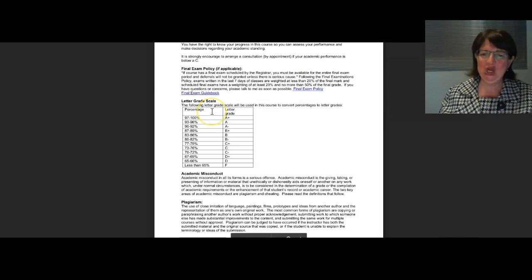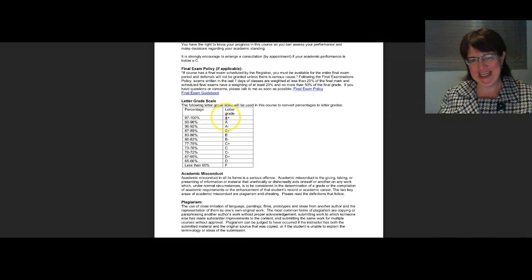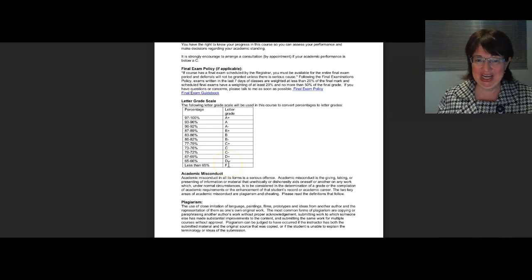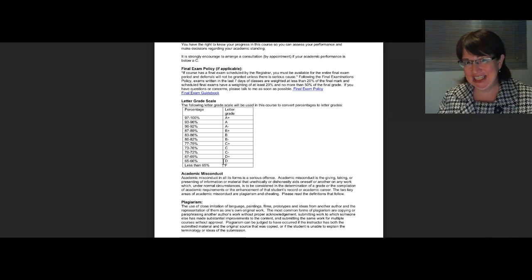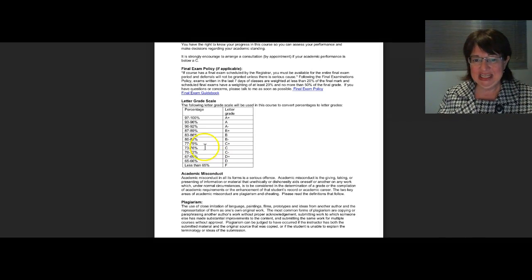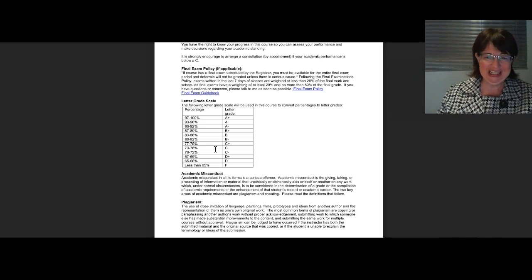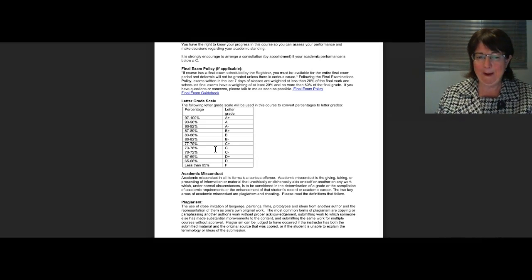Now, the grade for this class is higher than most. To get a passing grade, you must have at least 65%. To get a C, which most of you want to continue on in your program, a C is 73 or greater.